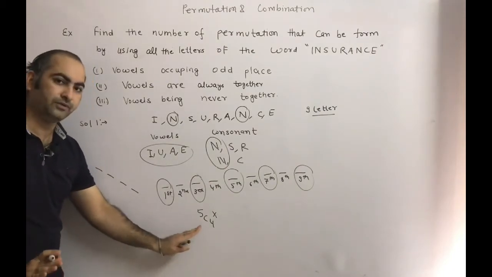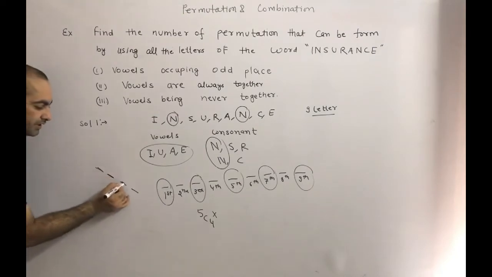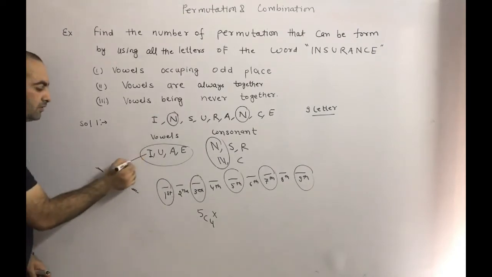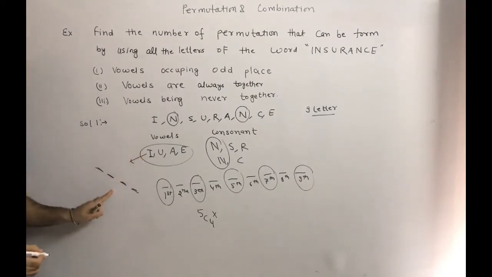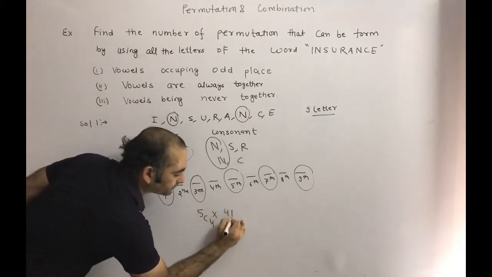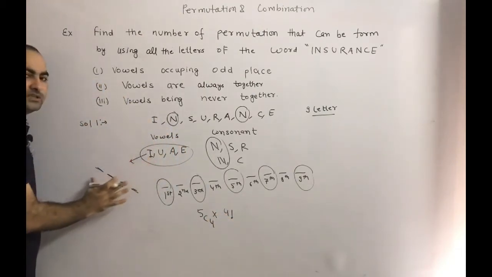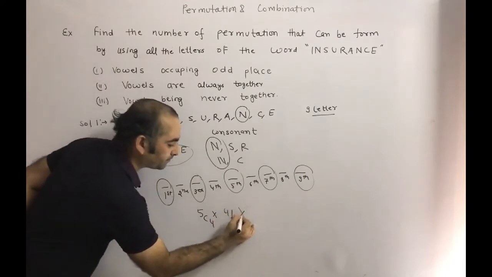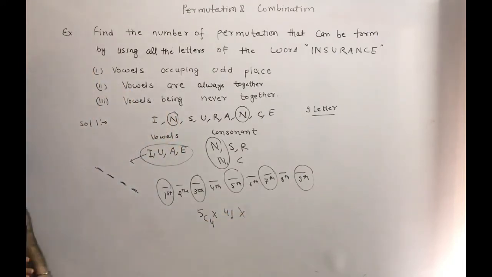After this task we got 4 places. Now you have to arrange 4 vowels, so the arrangement of 4 vowels is 4 factorial. Now you have to multiply, because you have to arrange consonants also.